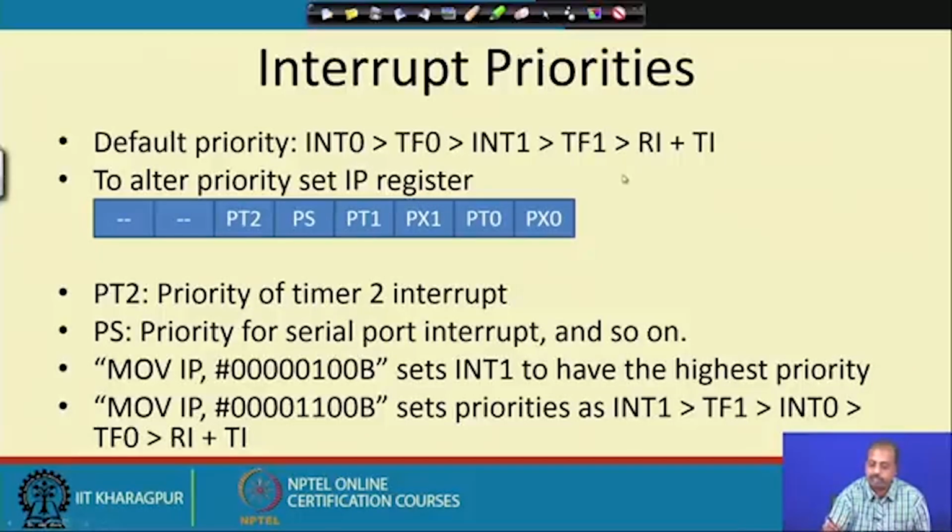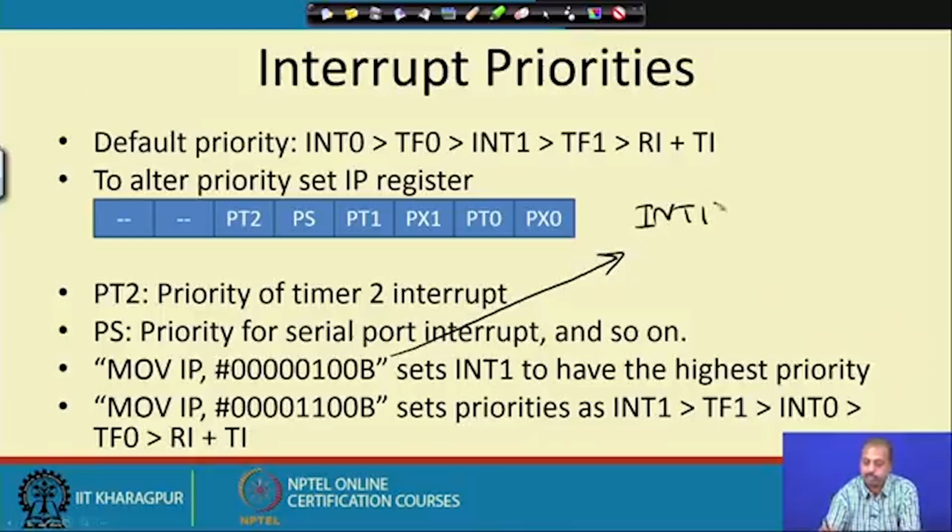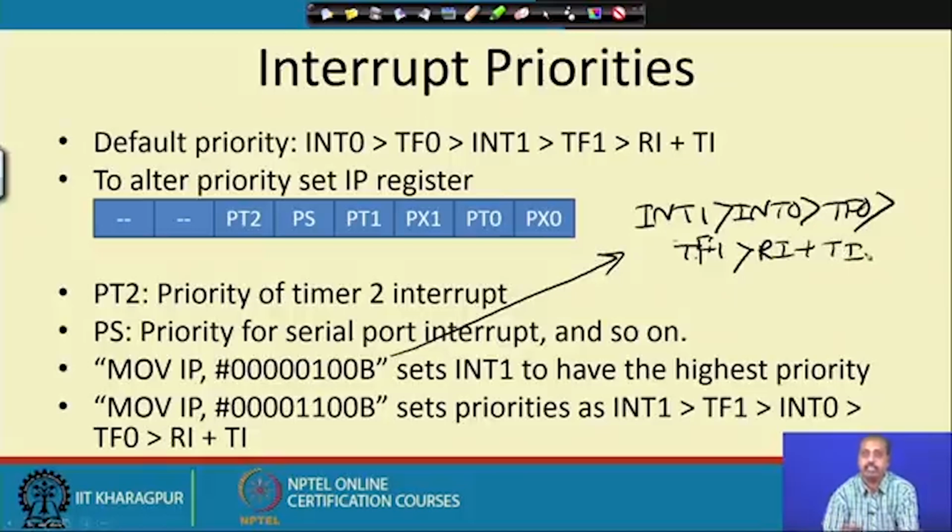Once you do this setting, INT1 will have the highest priority, followed by INT0, then TF0, then TF1, and then RI plus TI. So the order will change and it will represent the new order.